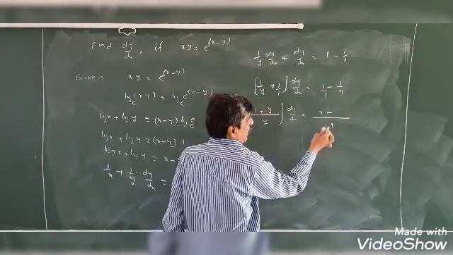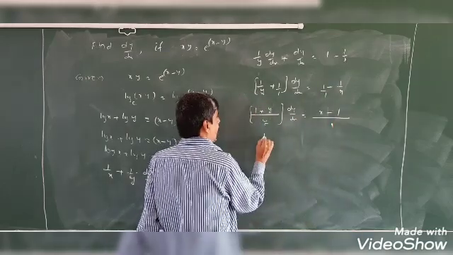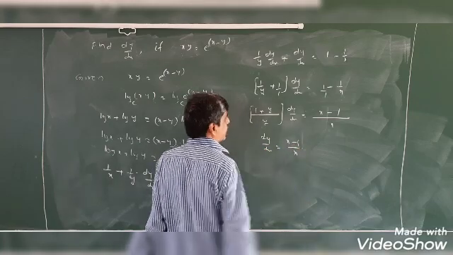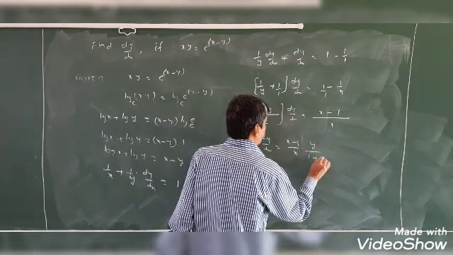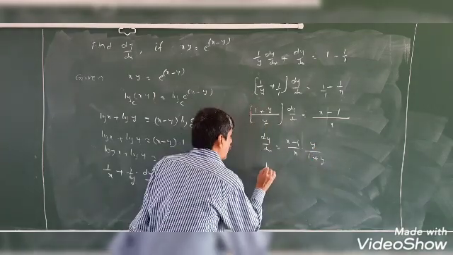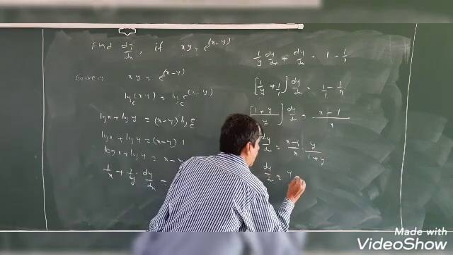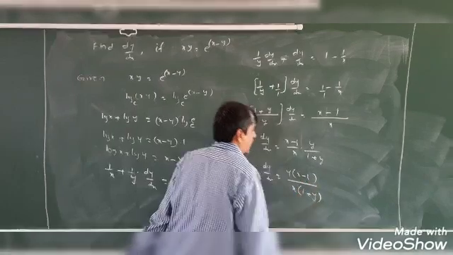Minus x is a factor in x is 1 time, 1 into 1 is 1. So x minus 1 by x. So this by y shifts this side into y by 1 plus y. Therefore dy by dx is equal to y by x, or y into (x - 1) by x into (1 + y).